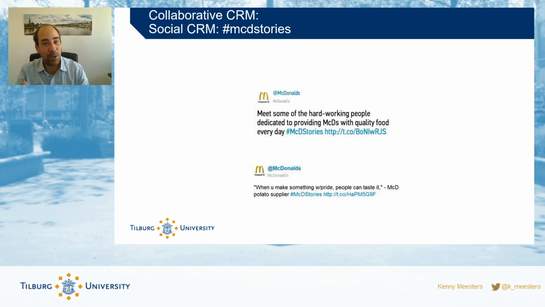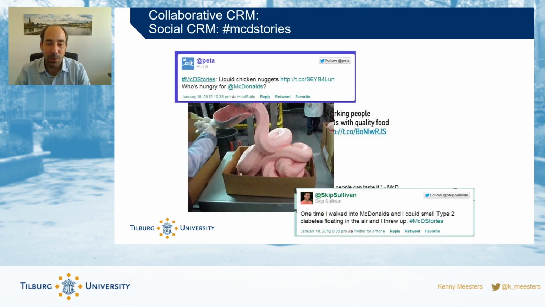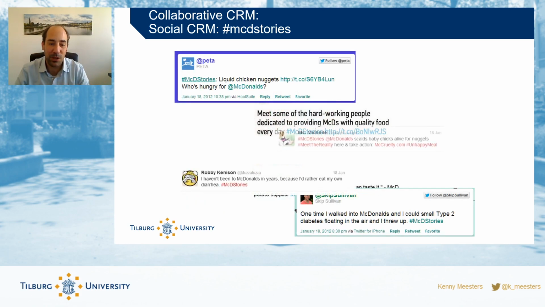Now, I'm not sure about you, but when I think about McDonald's food, the first thing that comes to mind is probably not high quality food and proud people and high cuisine and all these other things. So indeed, what happened is that within a few hours, that hashtag was trending with all kinds of gruesome stories and pictures and so on.